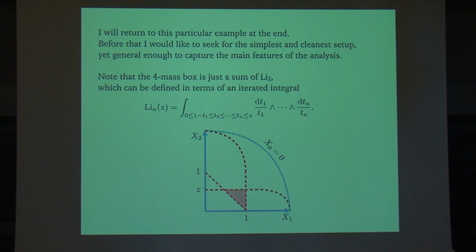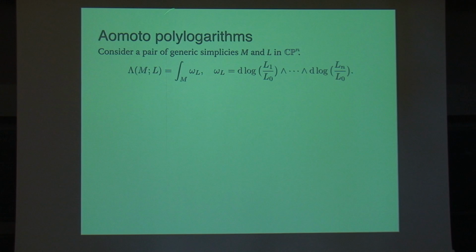And this can be generalized into higher dimensions. So the object I'm going to look at, to seek for, is the one that generalizes this kind of configuration. And we already have a prototype, which is the so-called multiple logarithms. So in general, it's defined like this.